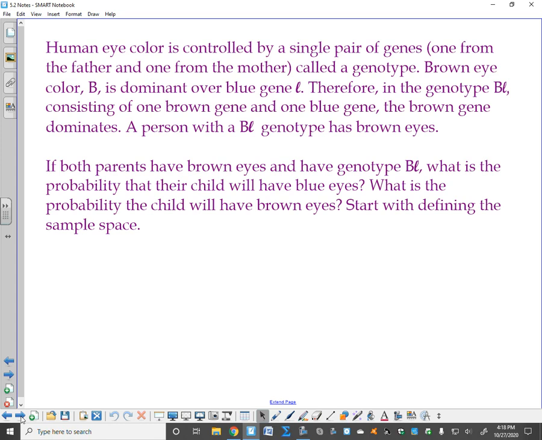Brown eye color, B, is dominant over blue gene L. Therefore, in the genotype BL, consisting of one brown gene and one blue gene, the brown gene dominates. So a person with BL genotype is going to have brown eyes. If both parents have brown eyes and both parents have genotype BL, what's the probability that their child will have blue eyes? What's the probability that they'll have brown eyes?